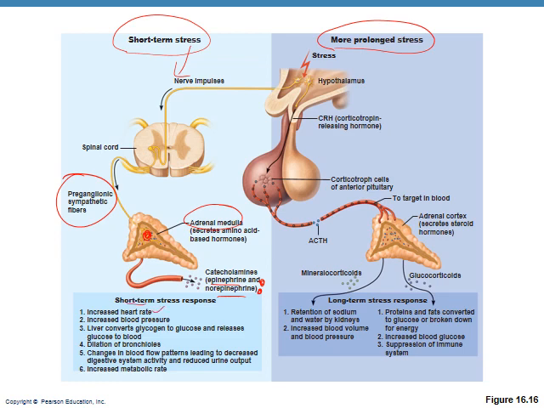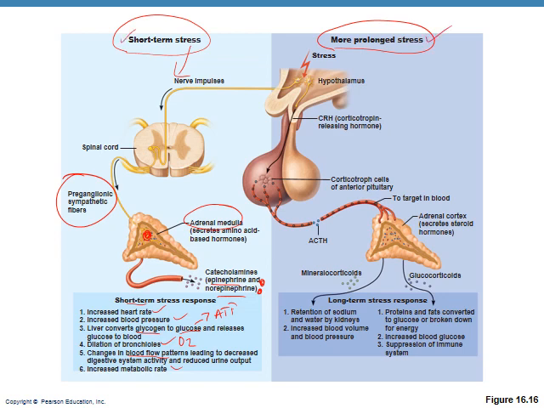So short term, we have increased heart rate, increased blood pressure. We're going to take glycogen and we're going to turn it into glucose. We're going to dilate our bronchioles so that we can get more oxygen. Obviously, we're going to have more glucose so we can make more ATP, right? Changes in blood flow pattern and increased metabolic rate. Basically, speed everything up. But this is short term.